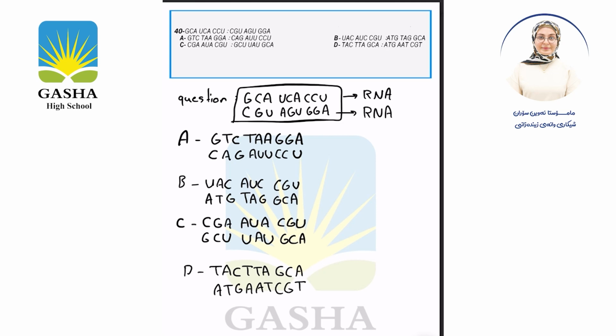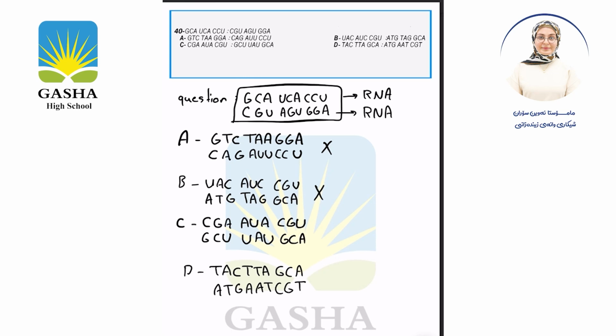First of all, let's see. As you know, if we see uracil, it means RNA. If we see thymine, it means this is DNA. In A, there is T, so this is DNA. This is false. In B, there's also T. This is false also.